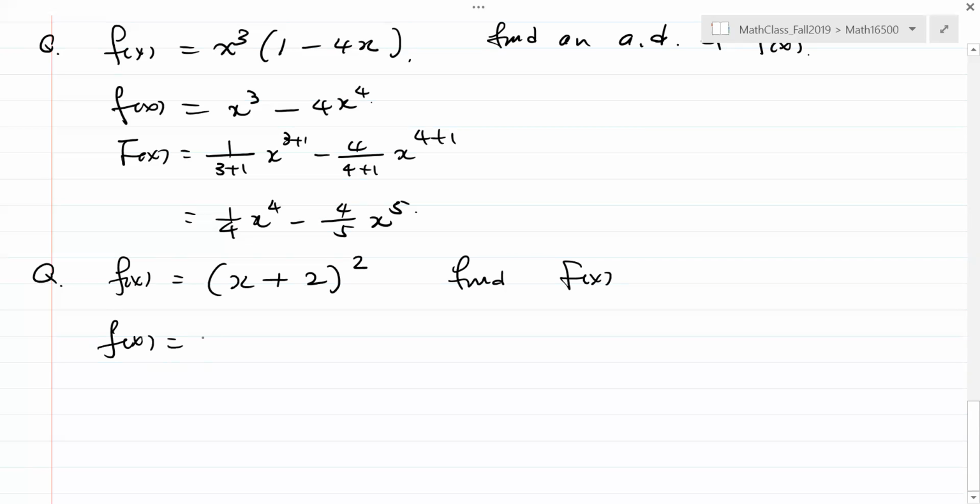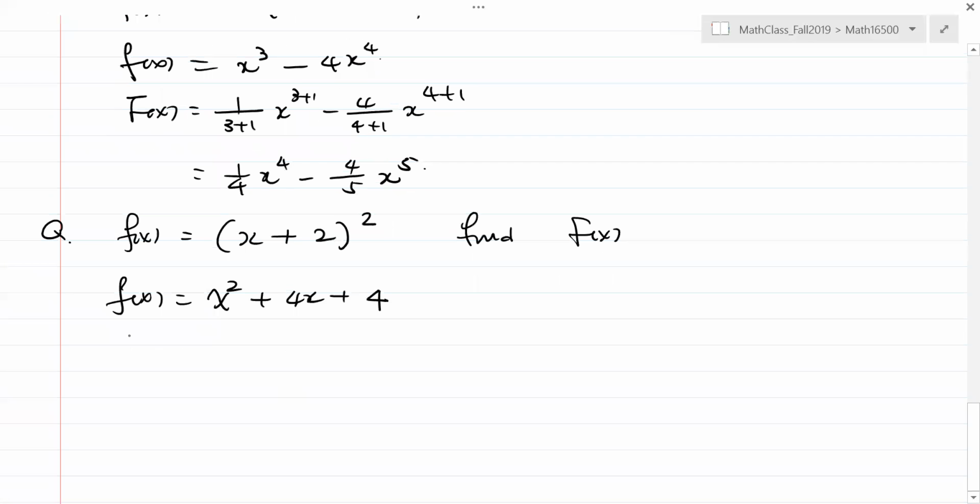Actually, it's x squared plus 4x plus 4. Then you find the antiderivative of each of them.